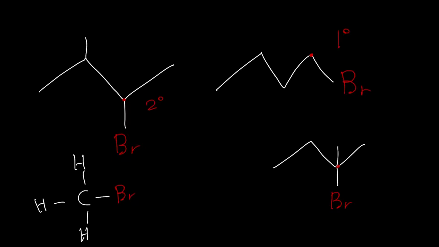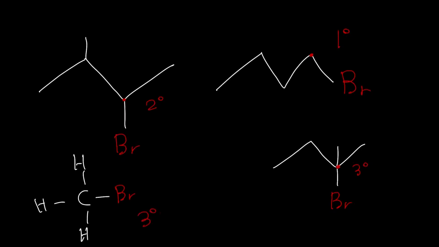Bottom right, we have a tertiary alkyl halide because the bromine is attached to a carbon that is tertiary. In other words, the carbon is attached to three other carbons. And then in the last example, the bromine is attached to a methyl group, so the carbon isn't really attached to any other carbons.